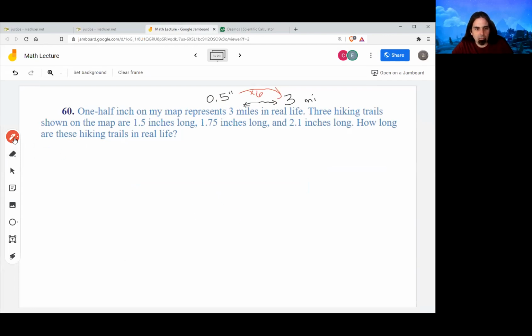In any case, we have 3 trails that my family might want to hike on. I have 1.5 inches, 1.75 inches, and 2.1 inches. And they could set up lots of proportions, right? The first one we could do 0.5 inches is 3 miles. That's one situation.